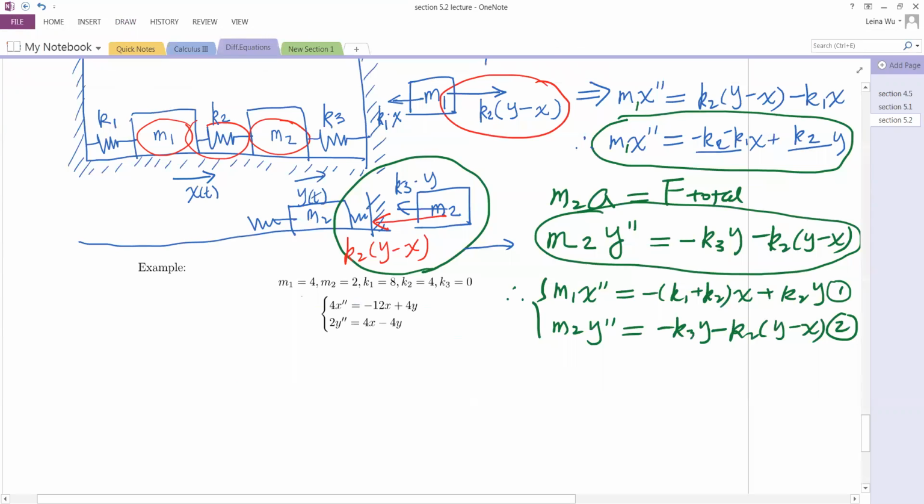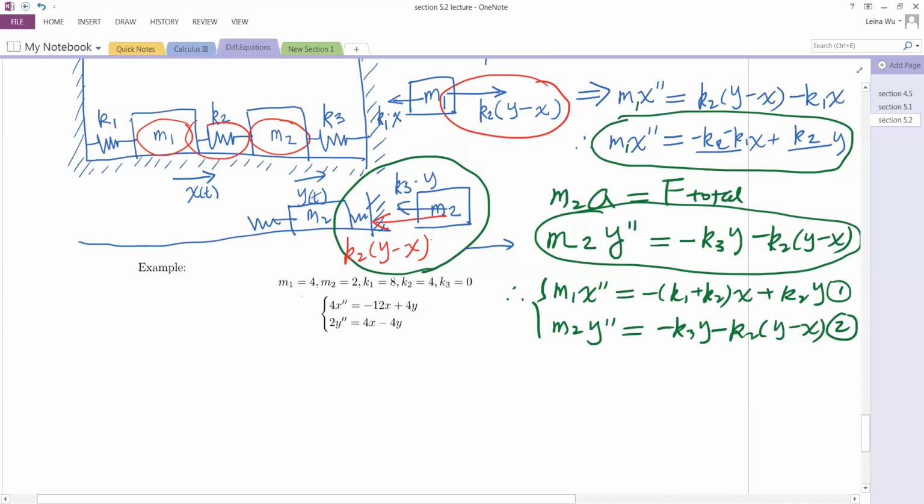So it should have the same force pointing the other way. If it's K2 times y minus x on M1, then on M2 it should be the same force, but in the opposite direction. And it's negative, okay? Are you asking why it's negative?